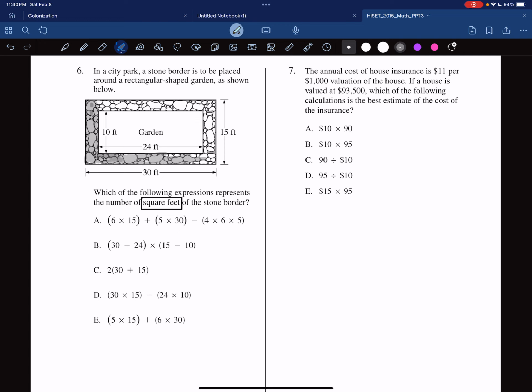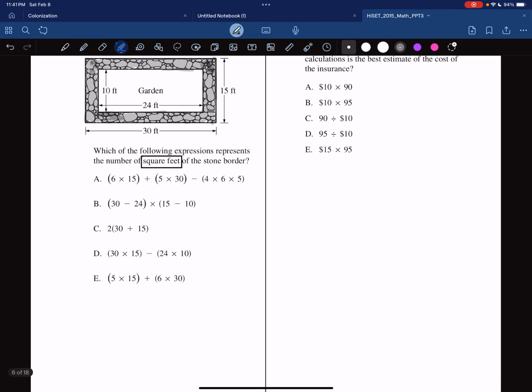So what I'm going to need to do is find the area of the whole plot of land and subtract out the garden. So we're going to take out that middle section, the garden itself, from the whole park.